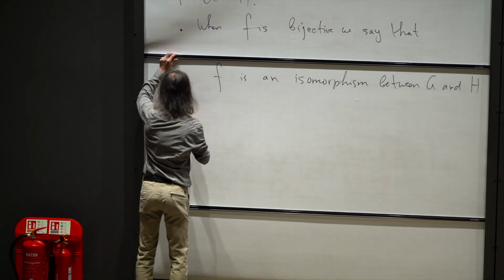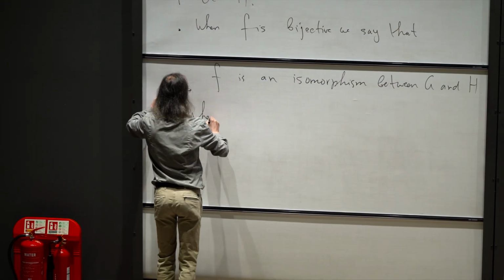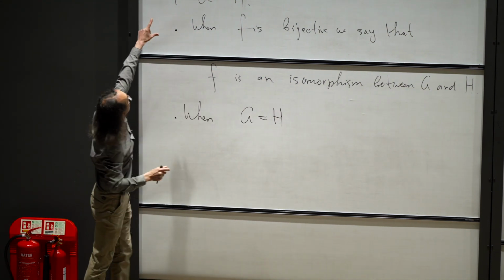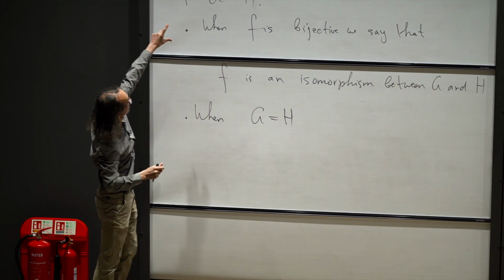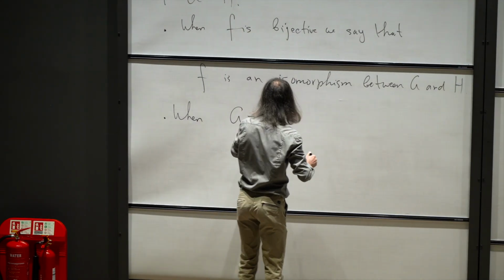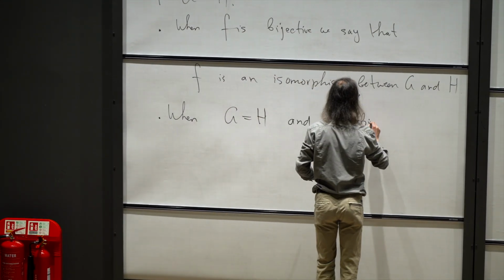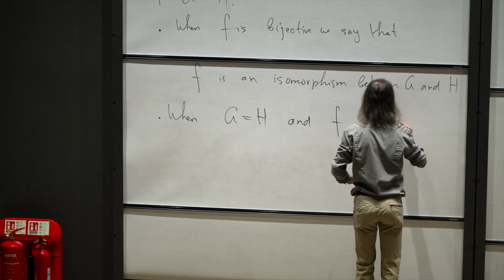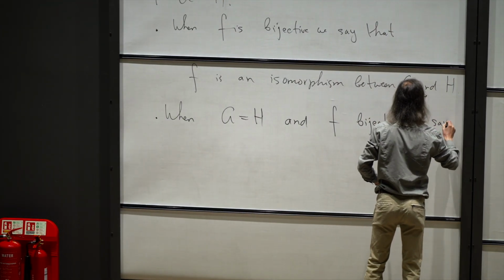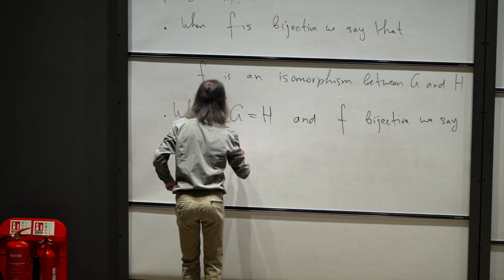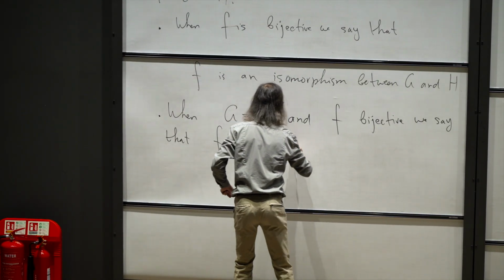And finally, when G is equal to H, so when we combine the two conditions above, when we require both that G is equal to H and f is bijective, we say that f is an automorphism.